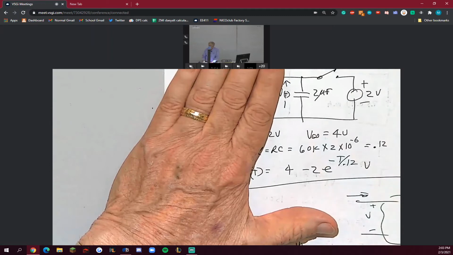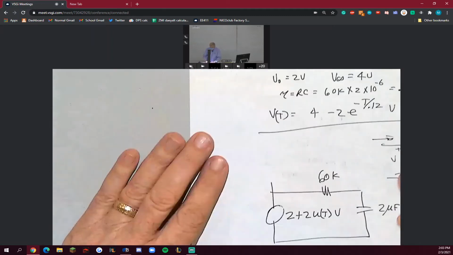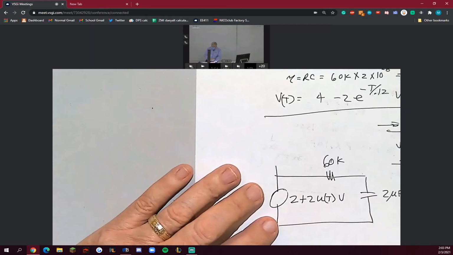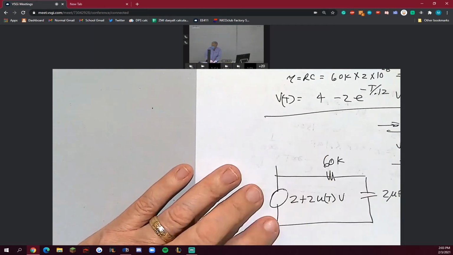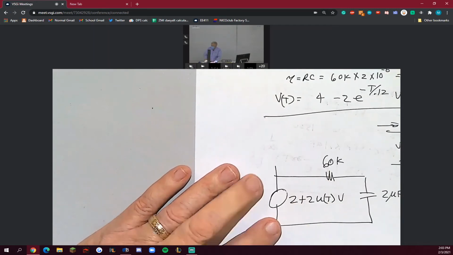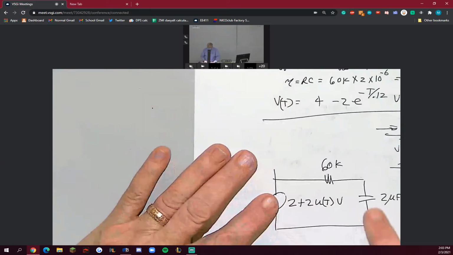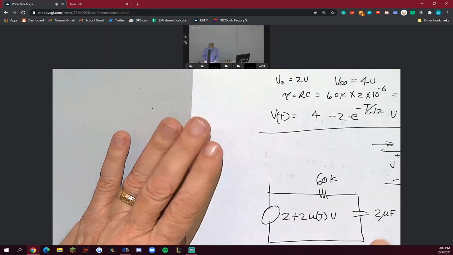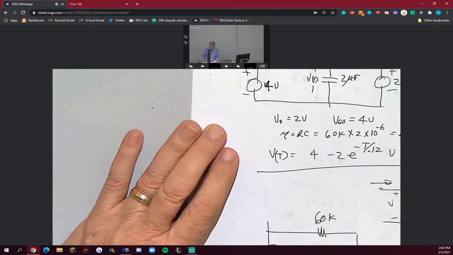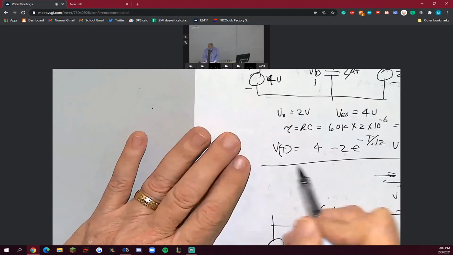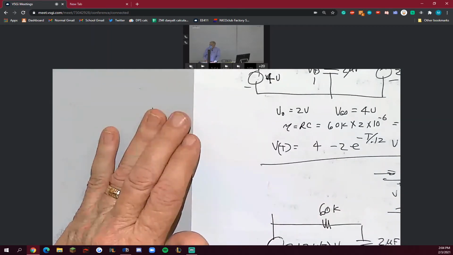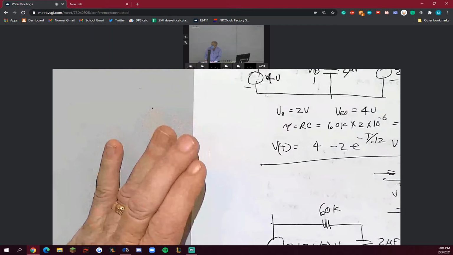It happened instantaneously. Whereas here, when it's 2 volts, it has to have been at 2 volts for a long time so that the capacitor will be fully charged. So it's not an exact equivalent, but it's certainly good enough for getting the behavior of the circuit. Yeah, that's a good question.